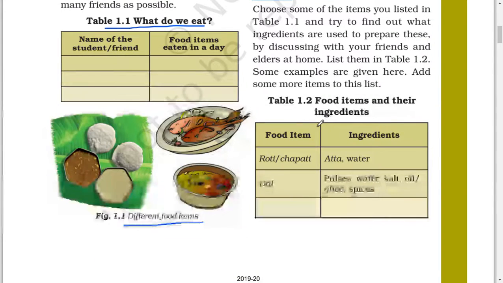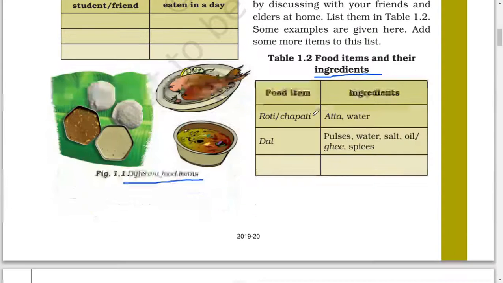Table 1.2. Food items and their ingredients. Roti or chapati: atta, water. Dal: pulses, water, salt, oil, ghee, and spices.